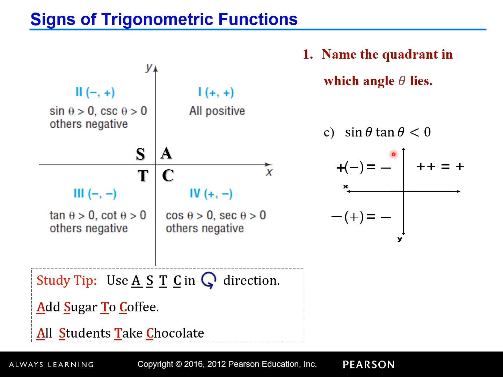So theta is also in quadrant 3. And for quadrant 4, sine theta is negative and tangent is also negative. If you get the product of these two, the product is positive. So theta lies either in quadrant 2 or in quadrant 3. So this is the answer.